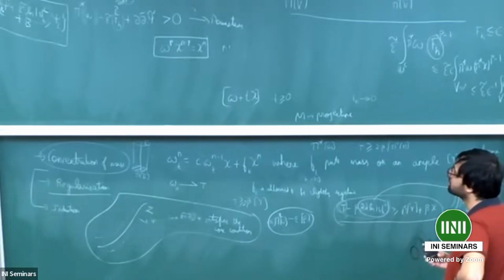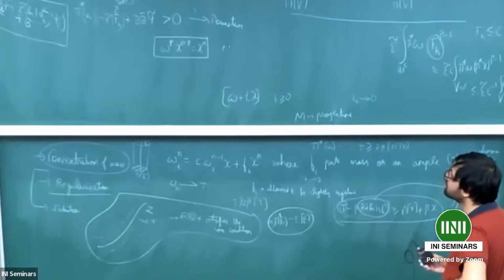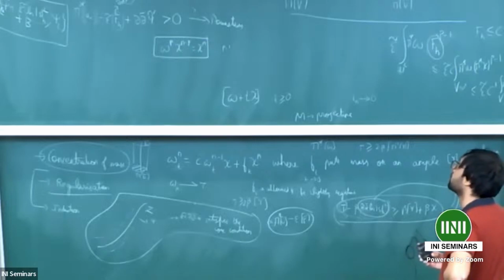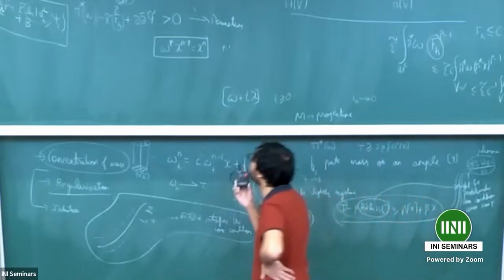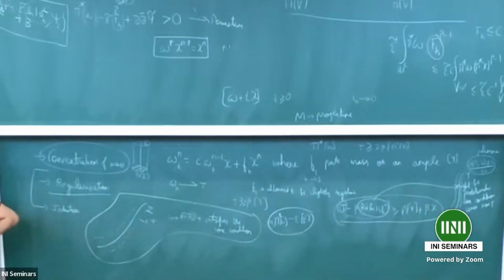And what you're saying is you fix an omega and you'll find a chi that solves this. I see. And for such a chi, this omega will satisfy the cone condition. Maybe that might work. I don't know. Yeah, maybe that's a strategy.